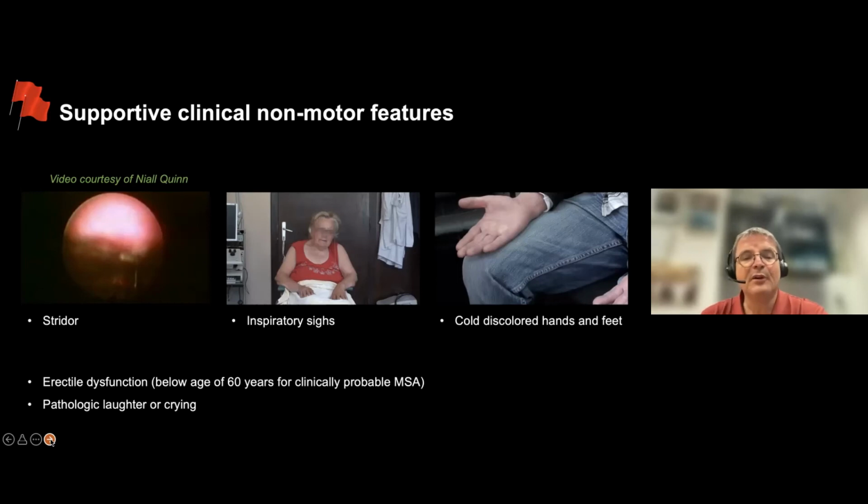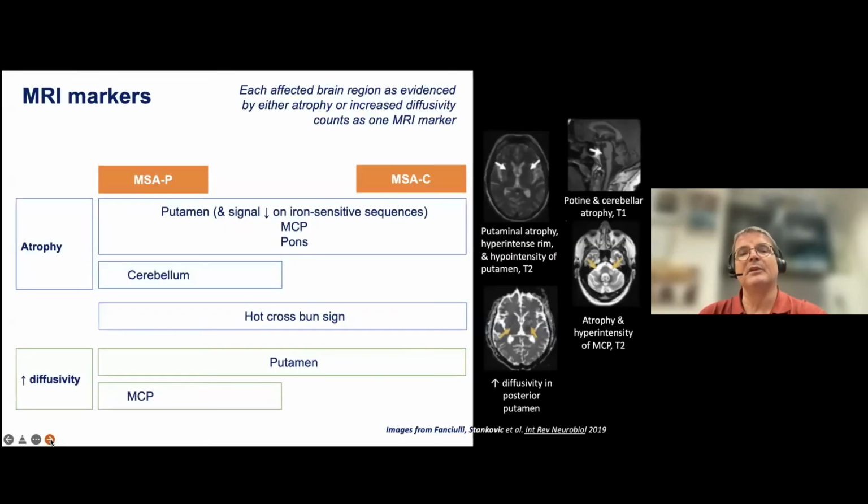Another two of these non-motor features include erectile dysfunction in men below the age of 60 and pathologic laughter or crying that was reported by the Serbian patient with MSA-C in the video clip, for example.